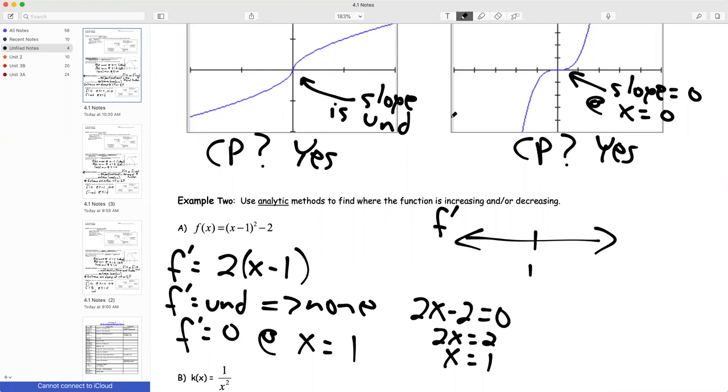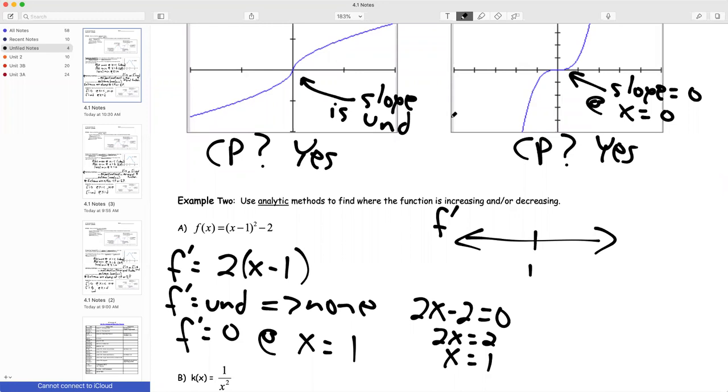And I'm going to take my potential critical point that I found here, which is x is equal to 1. And I'm going to check values on either side of 1. All I care about is the sign. And again, I'm plugging it into f prime. So I'm going to pick a point on the left side of 1, let's say 0. If I take 0 and plug it into the derivative, I've got 0 minus 1, which is negative 1.